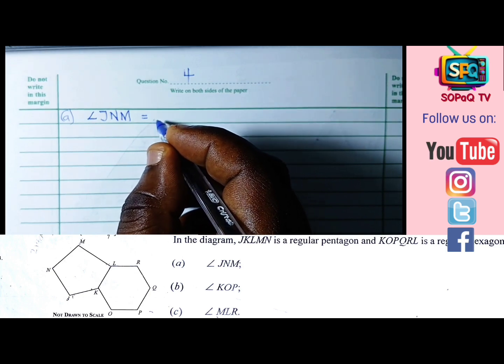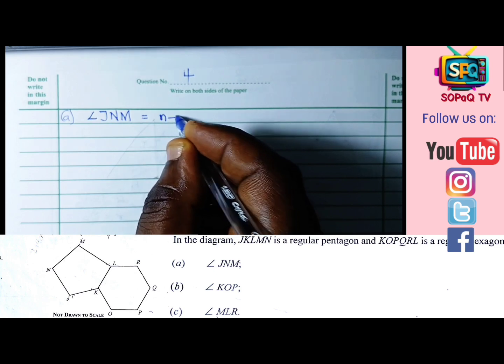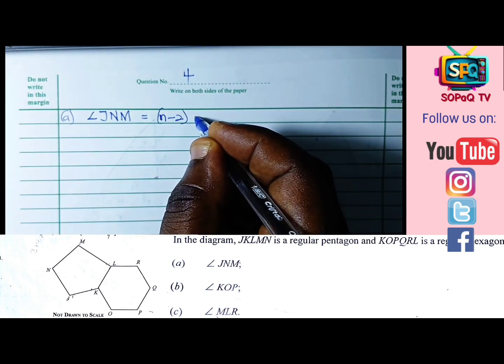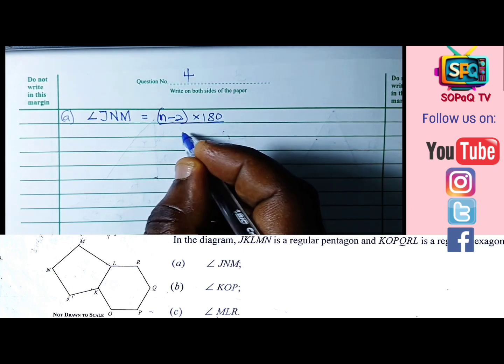And the interior angle of a regular polygon is given as n minus 2, all in brackets, times 180 all on n.